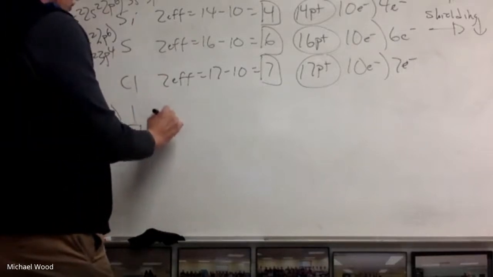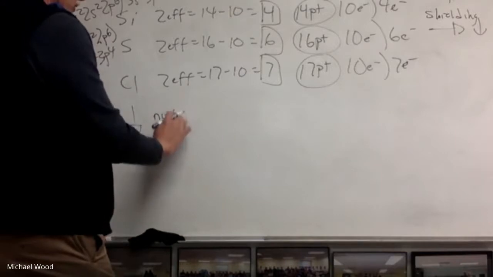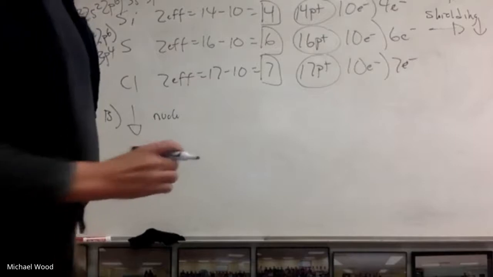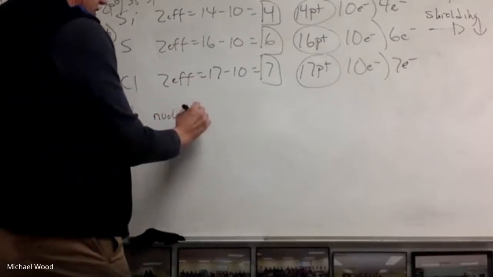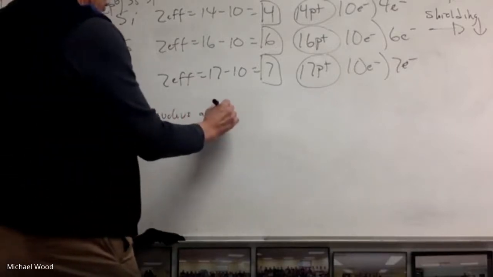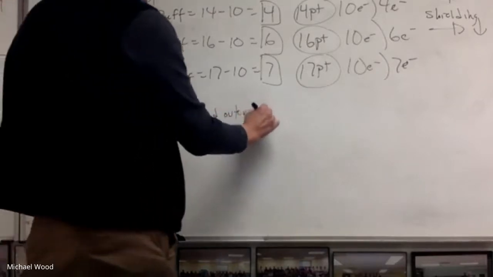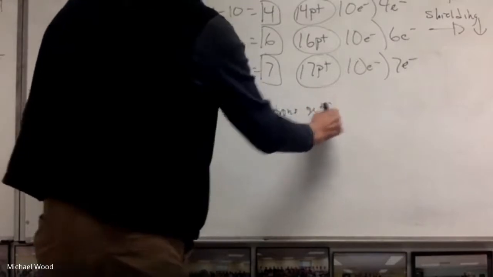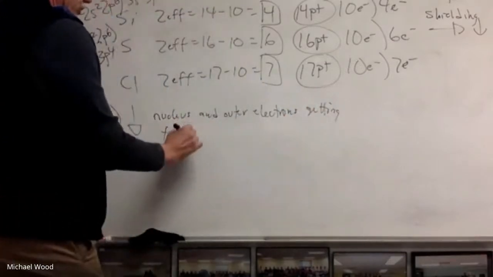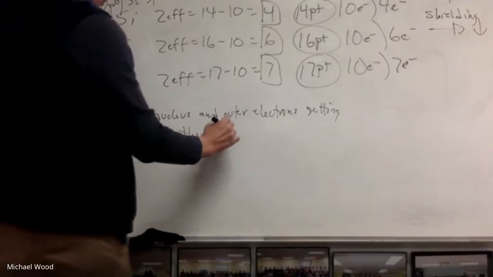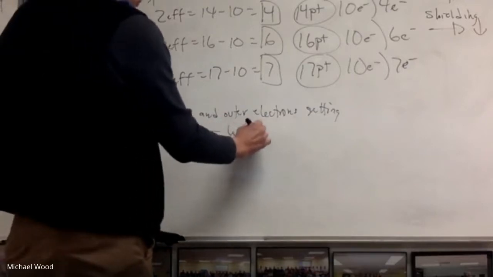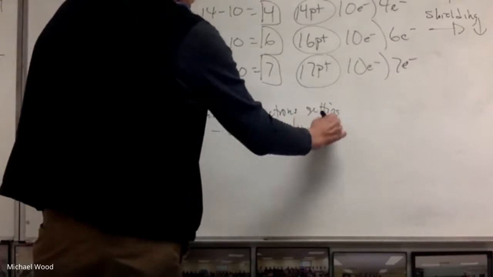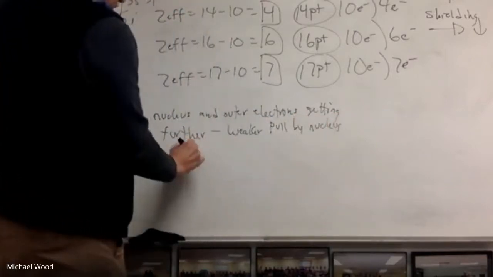The nucleus and the outer electrons are getting farther apart, so there's a weaker pull of the nucleus on the outer electrons.